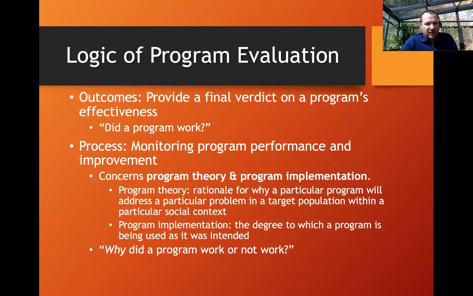The other possibility is program implementation. Program implementation is the degree to which a program is used as intended, or is operating as it was meant to. Those are two main goals of process evaluations. The main question that process evaluation answers is, why did a program work or not? We'll talk about that a little bit more later on.